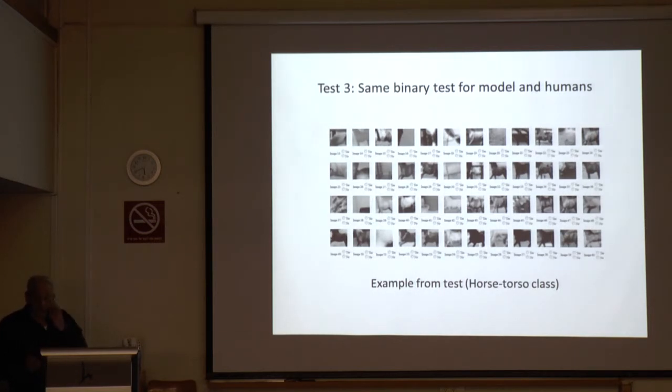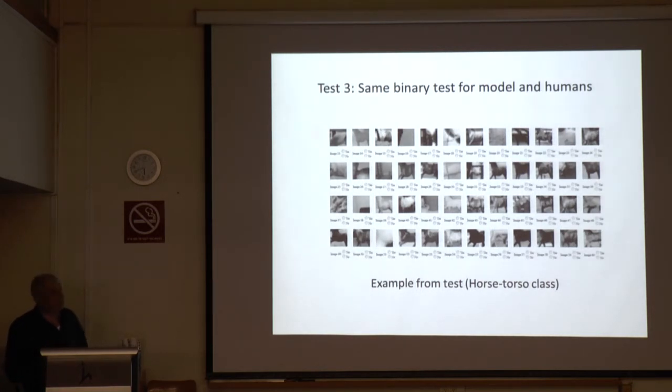In doing this, unlike the open recognition test that I mentioned before, here what we do is we show 60 images to humans. These are not the best images I could have shown, but these are taken from the torso of a horse. Humans get these images. Some of them were actually from horse images, and some of them were similar images which are non-horse images.